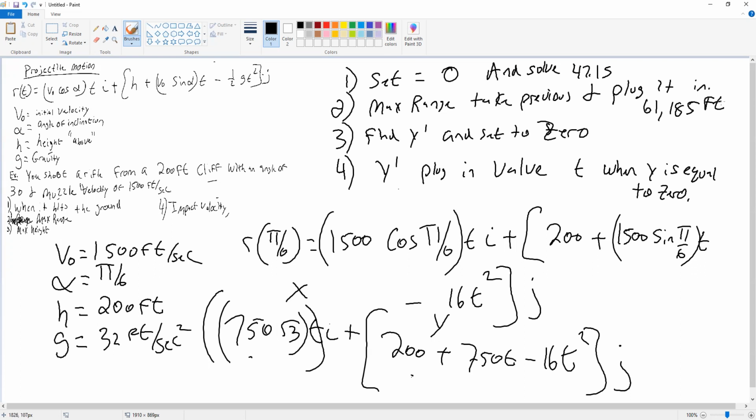The max height is going to be 8,989 feet. And then the impact velocity is going to be 1,503.61 feet per second.